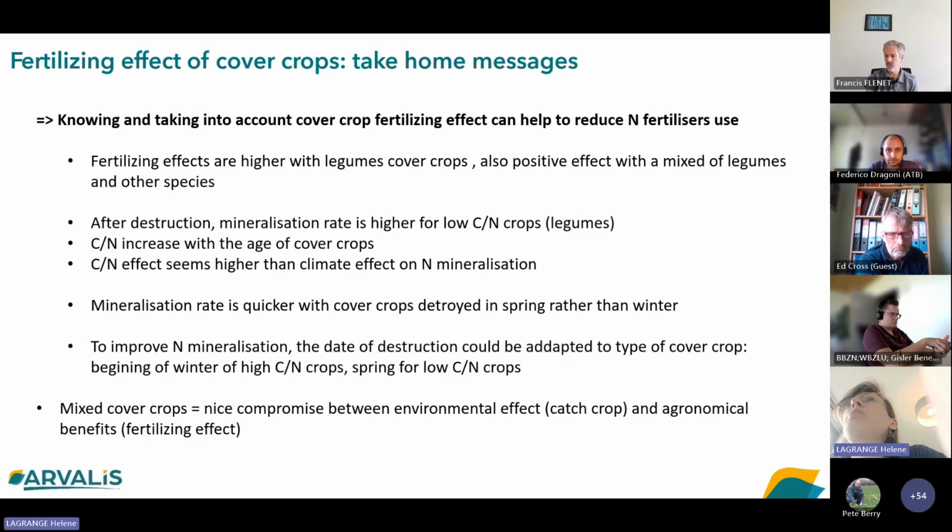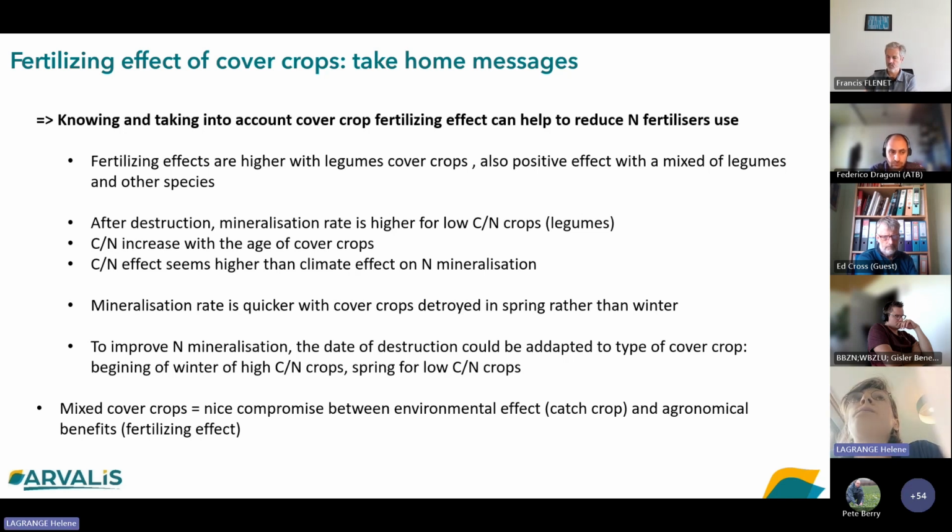And it's also positive to use a cover crop mixed with legumes and other species. As I said, there is an effect of the C/N ratio. I did not have time to show you results, but we know also that there is an impact of the age of the cover crop, the time when it's destroyed, and the climate. And all that affects the mineralization.